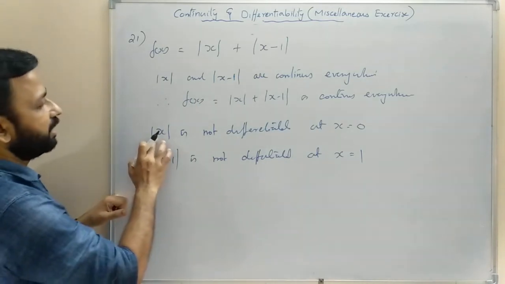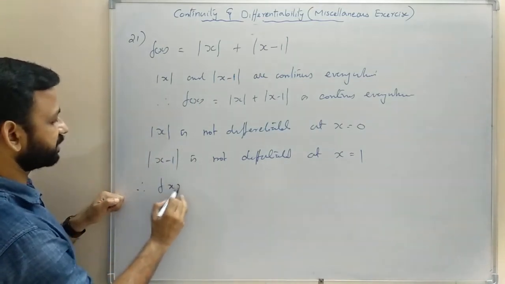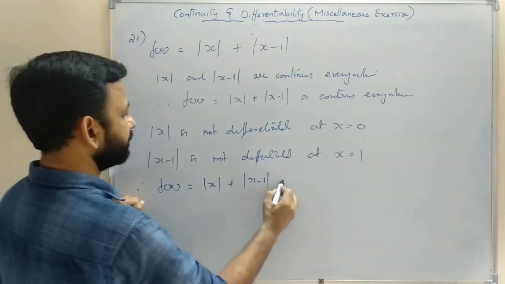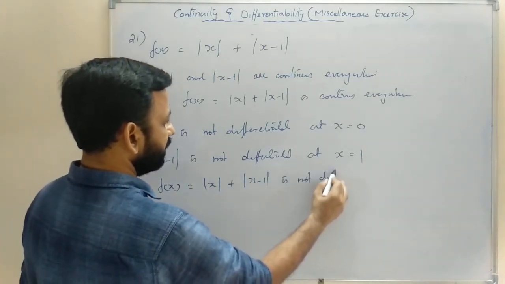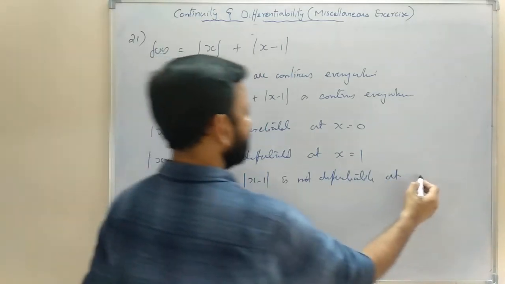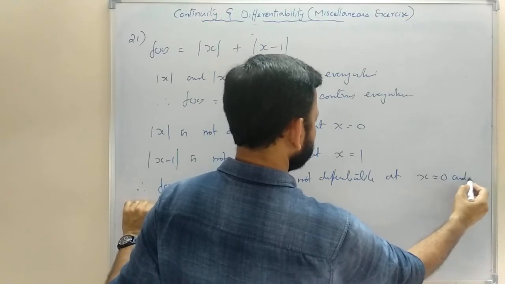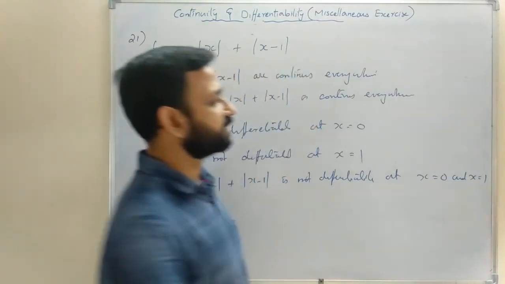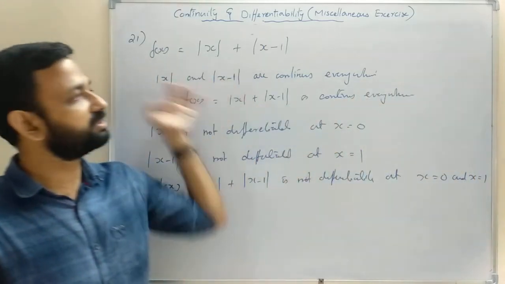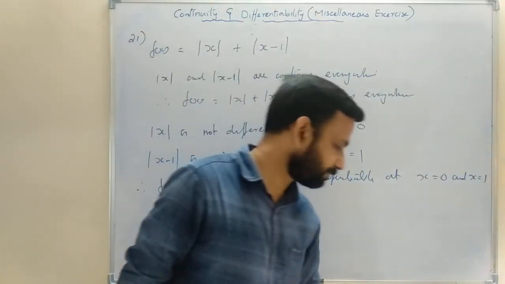Therefore, f of x is equal to modulus of x plus modulus of x minus 1 is not differentiable at x is equal to 0 and x is equal to 1, but it is continuous everywhere.